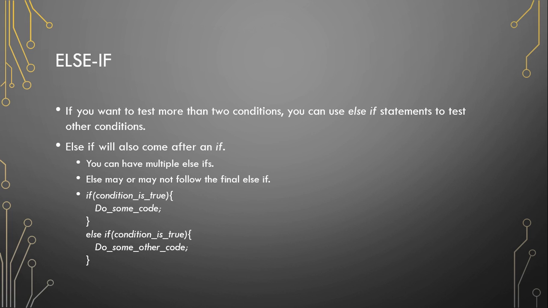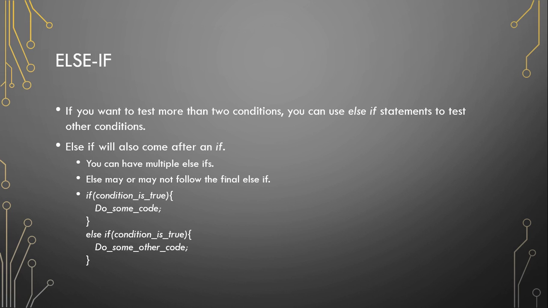One thing to remember about else ifs is that they will also come after an if. It always has to go in the order: if first, then else if. You can have multiple else ifs, so an if followed by an else if, followed by an else if, followed by another else if, so on and so forth. The thing to remember is that else may or may not follow the final else if.